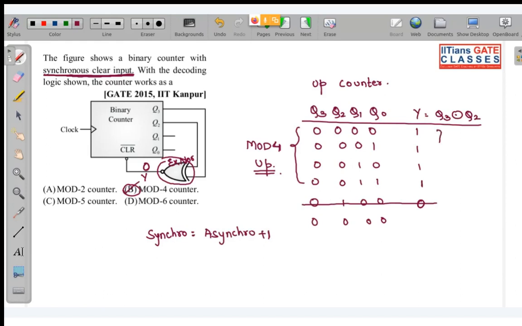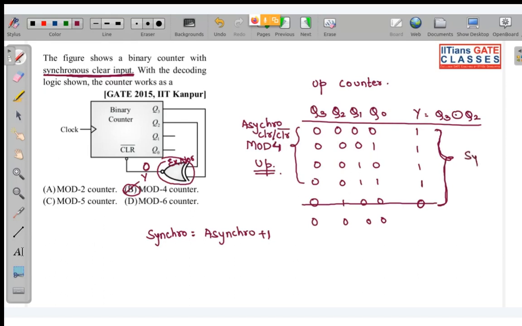That means this will be the counting states of your synchronous clear input. If this was your counter using asynchronous clear or clear bar, then it would have been mod 4.